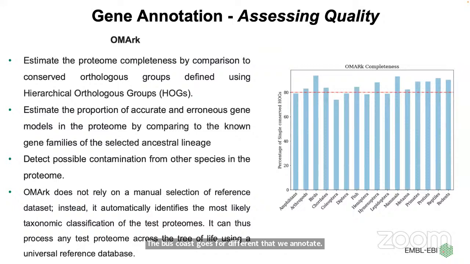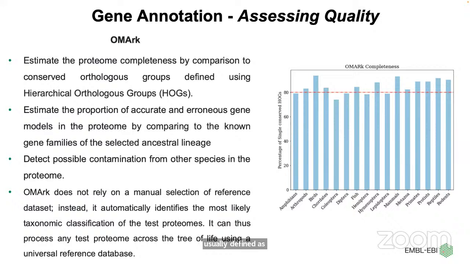The other method that we use to assess the quality of genome annotation is OMArk. It is similar to BUSCO, and it estimates the completeness of the proteome by comparing it to the orthologous groups, which are usually defined as hierarchical orthologous groups or HOGs.